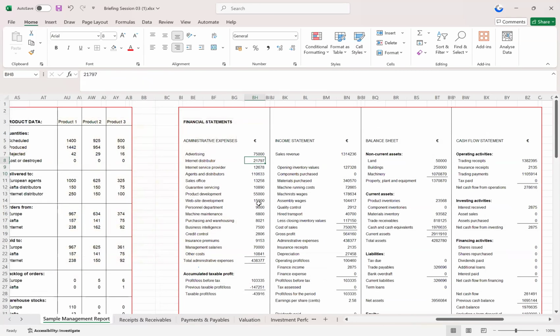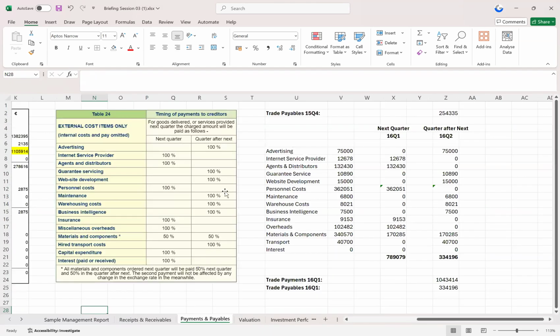I have added internet distributor cost and agents and distributors cost over here, right? Again, all of this goes in the next quarter. Similarly, for guarantee services, we have added the cost. We have added the cost for website development. We have added the cost of personnel. Again, for personnel, we have to add.